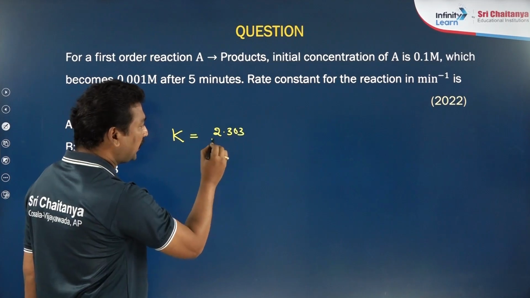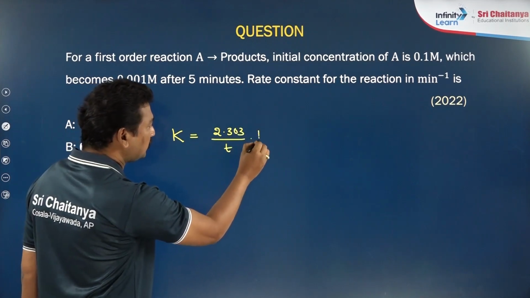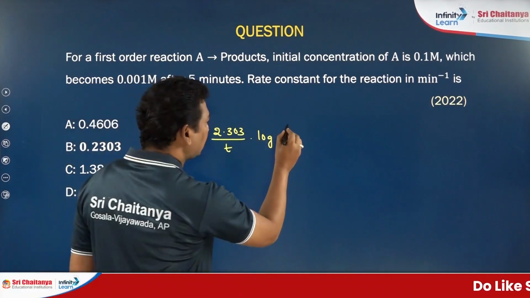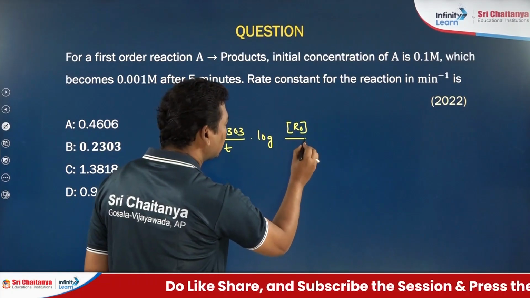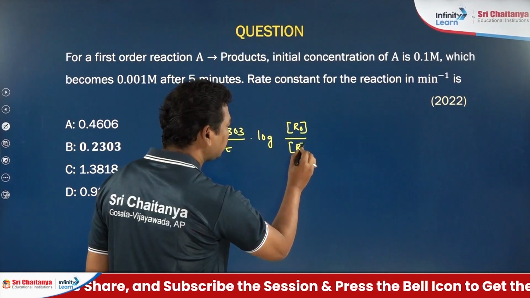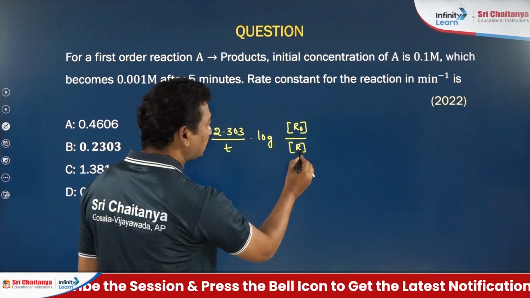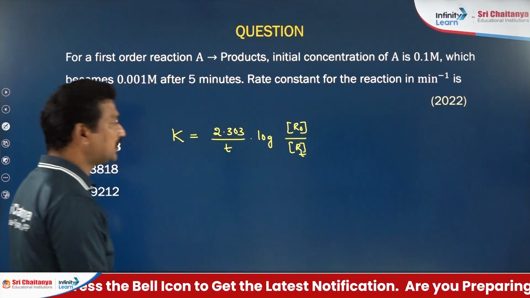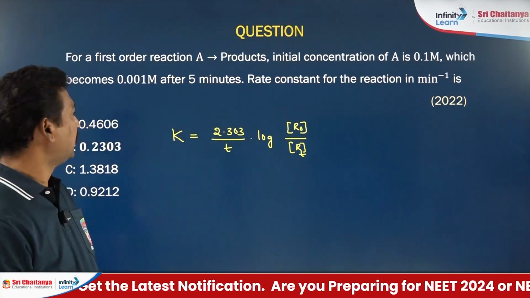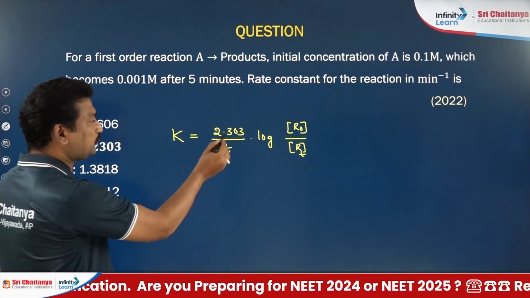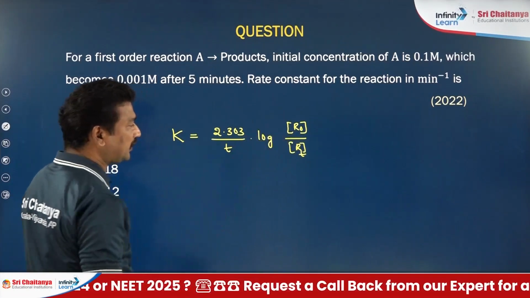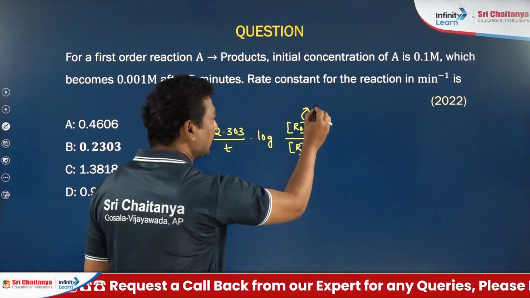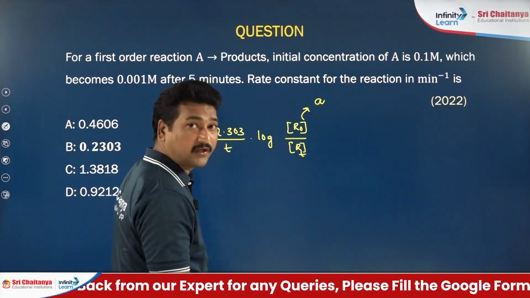2.303 by T into log of the initial concentration of the reactants to the change in initial concentration of the reactants. For first order, the rate constant expression is 2.303 by T log of initial concentration of the reactants. This R naught can be written as A, the initial concentration of the reactants.